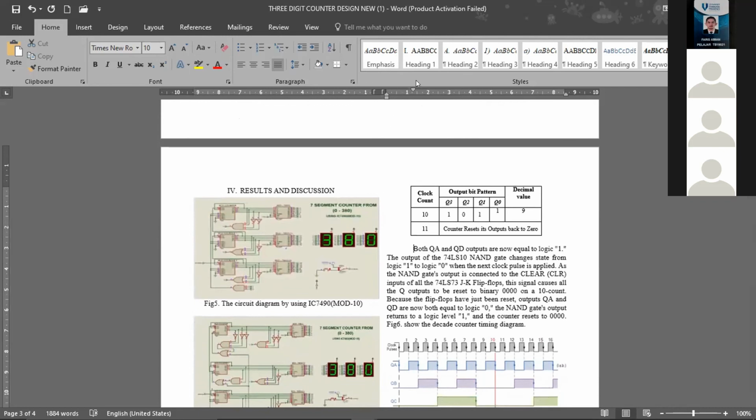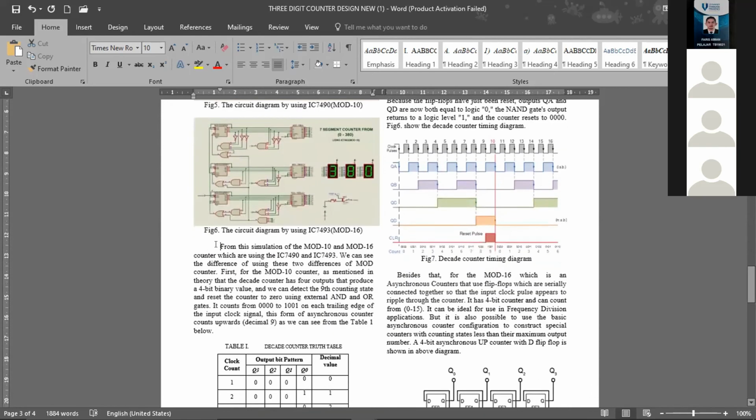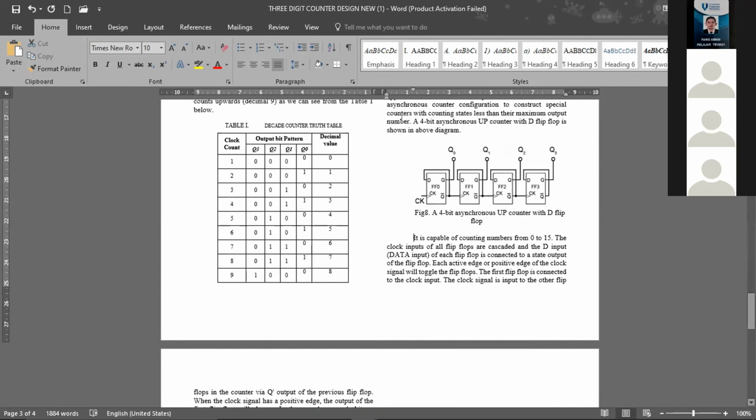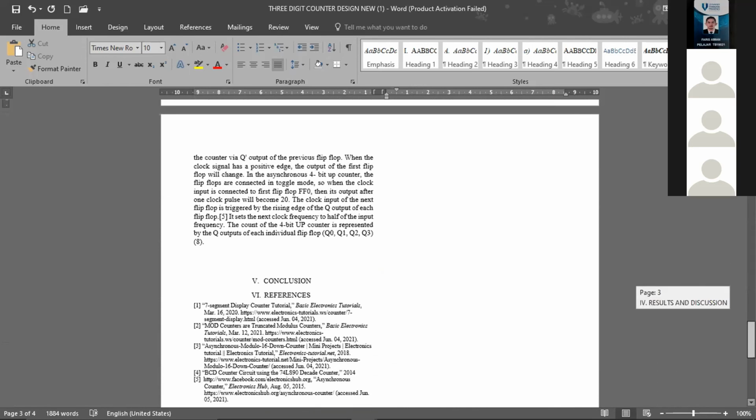And also the BCD to 7 segment. So we have to mention it in the methodology part, a brief explanation of the main function of the IC 74LS, if I'm not mistaken.